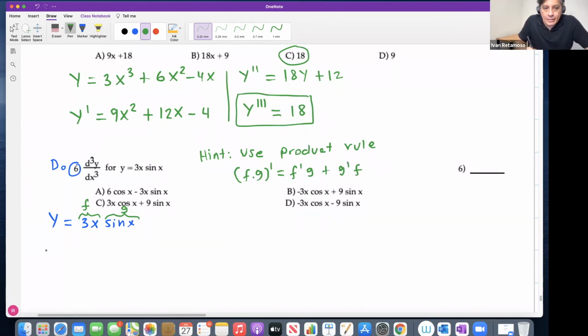Get the first derivative using the product rule, simplify, and once you do that, go ahead with the second derivative, using again the product rule, and then go ahead with the third derivative.